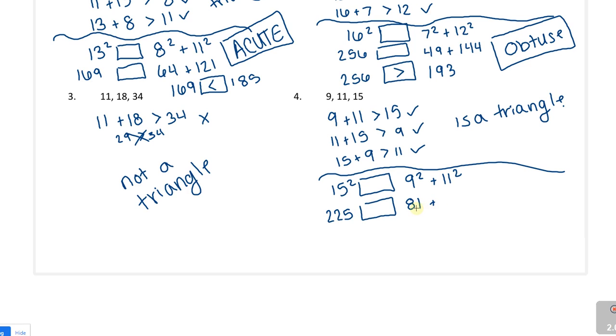And 11 squared is 121. So we're going to add 81 plus 121. We get 202. And we're going to compare that to 225. 225 is larger than 202, so that is going to be greater than. So this is an obtuse triangle.